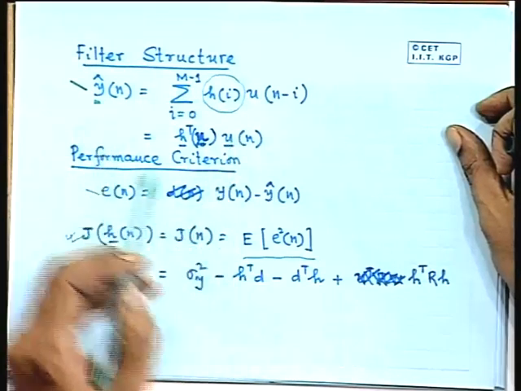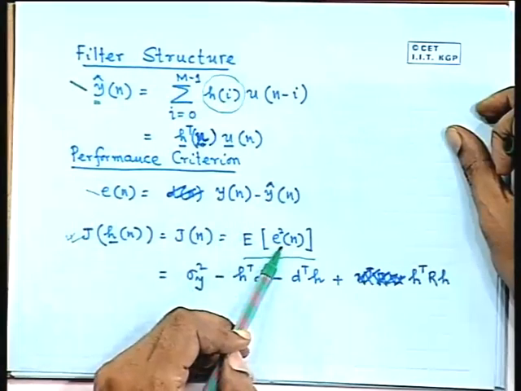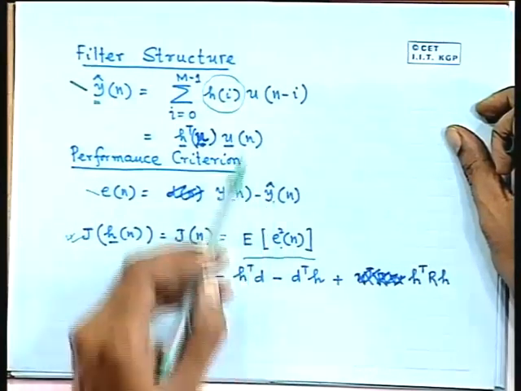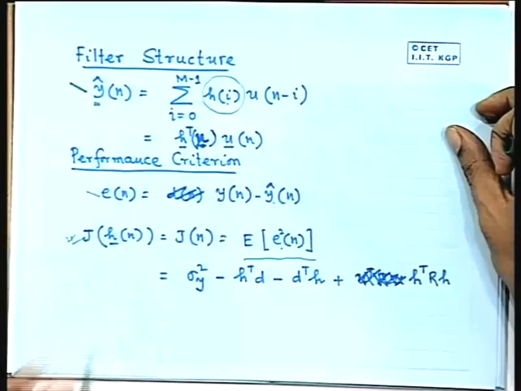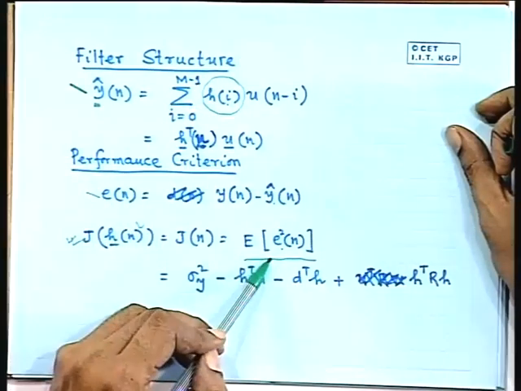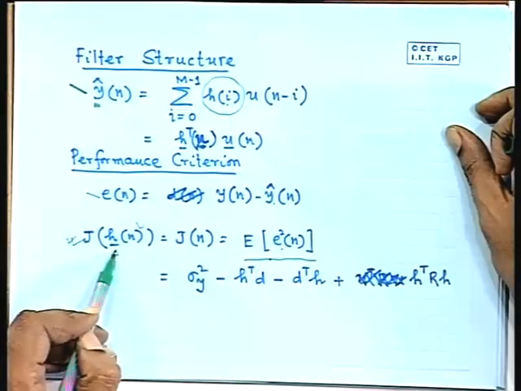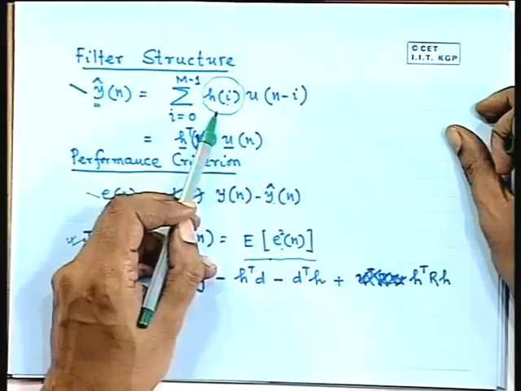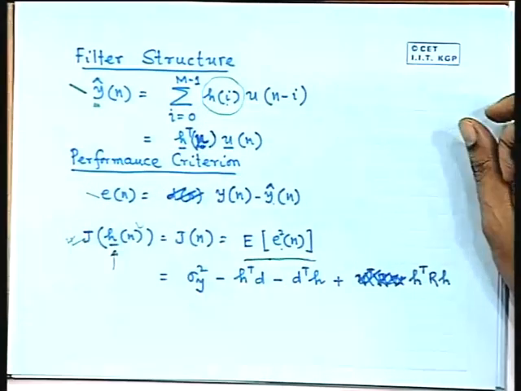So obviously the performance criterion depends on e(n), which depends on y hat(n), which depends on h(n). Therefore the performance criterion depends on h(n). So if we change this, this will change. Our objective is to change these, adapt these, which are the coefficients of the filter, such that this quantity is minimized, right.